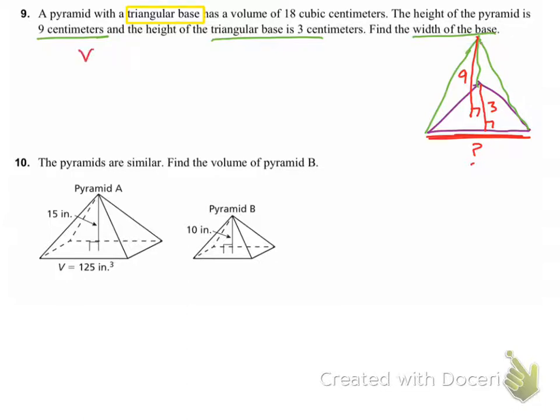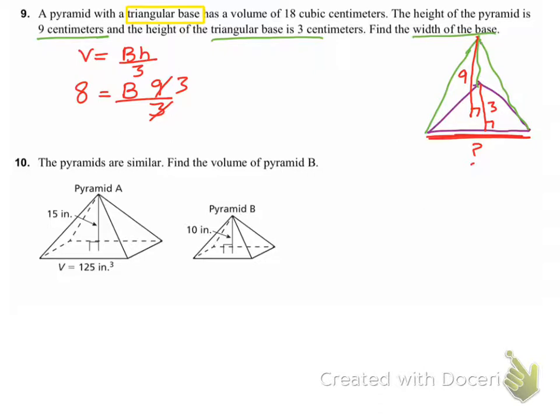What do we know? Volume is base area times height over 3. And what is the volume given here? 8. Base area, do we need to know that? No. Height of the pyramid is 9, over 3. Now solve it.